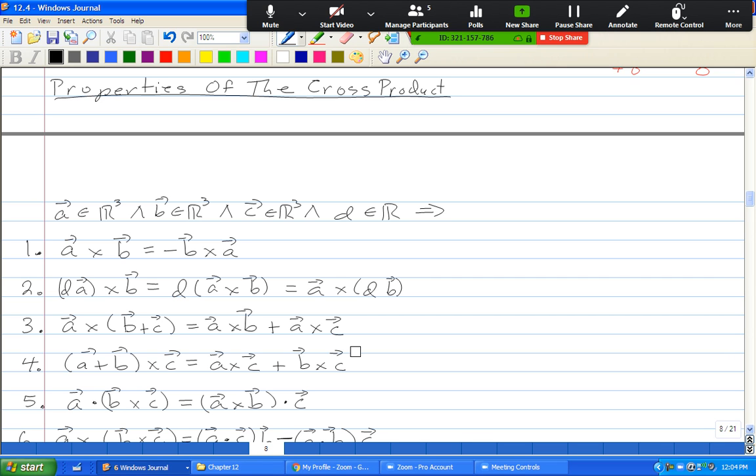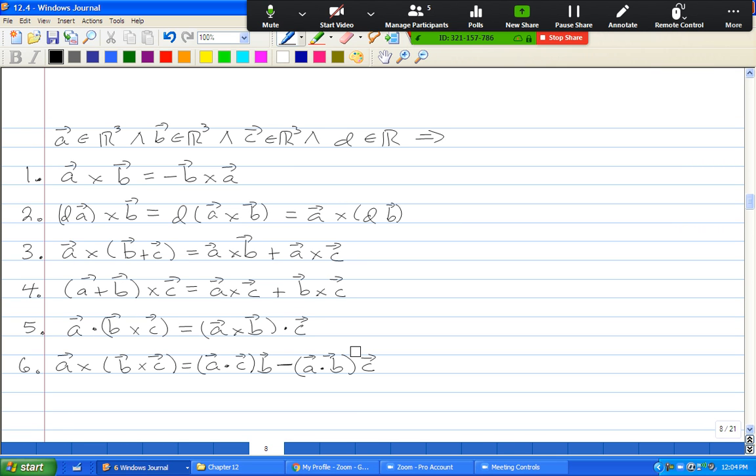Next, we can sort of associate the cross product and the dot product, more or less.